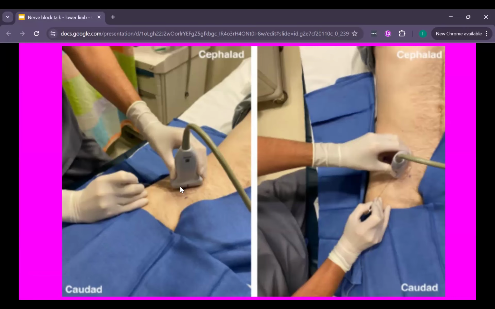So we try and have that ultrasound probe positioned again in that lateral third, like you would in the landmark technique, and we'll try and have the middle of the probe cross the inguinal ligament, and have the cephalad portion of the ultrasound probe pointing towards the umbilicus.